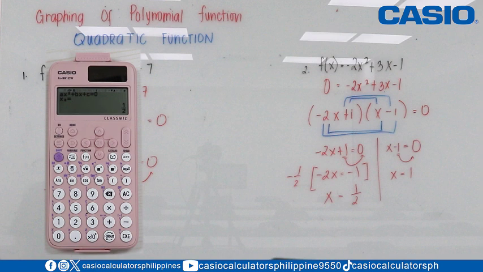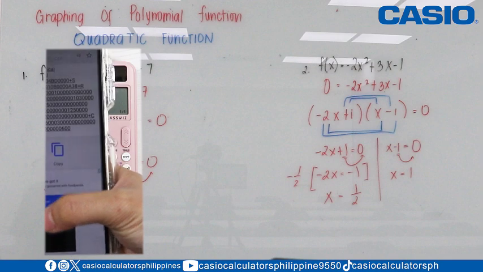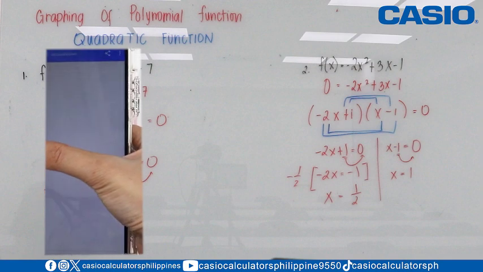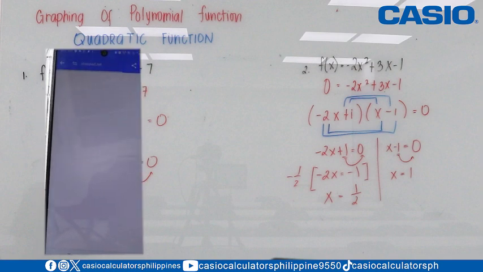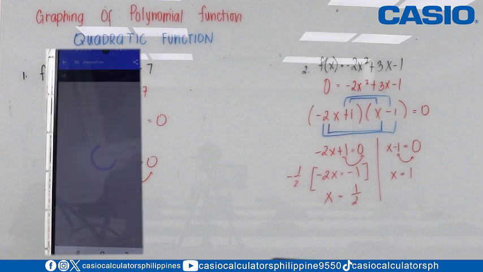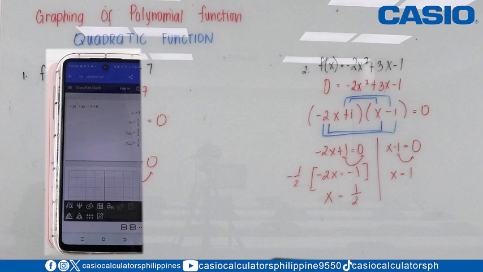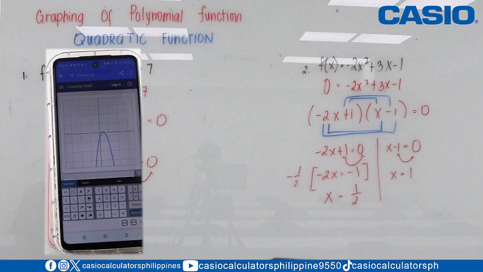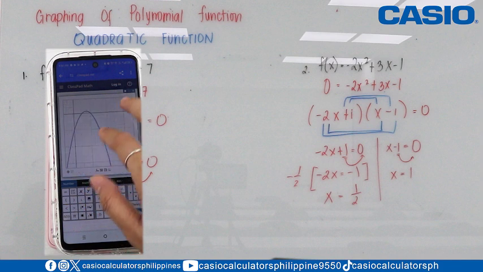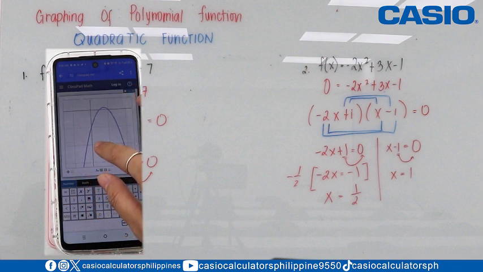So now, by the use of the fx-991CW, we can now see the graph. So we can say that this is the graph for the second equation.